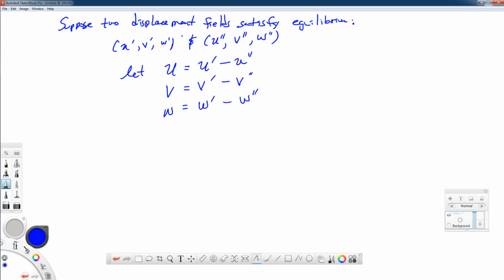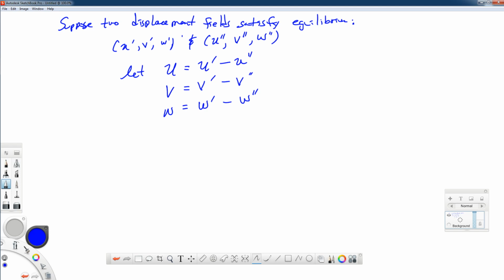Now where we're headed with this is we're going to show that when we have the u, v, and w that are the difference in here, the only difference that can exist is going to be a constant, which represents a rigid body displacement from some position. So otherwise the fields have to be identical within a rigid body displacement.